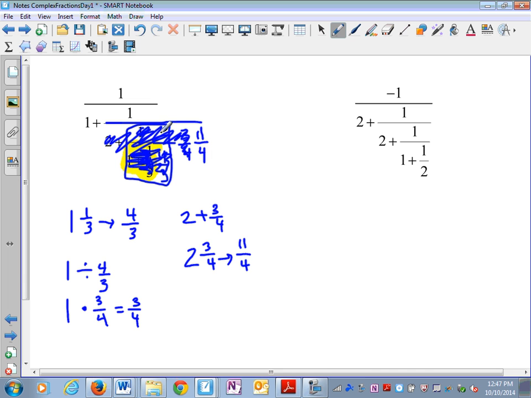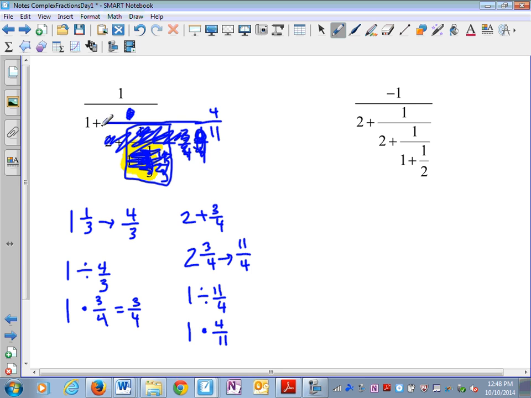There's nothing else on this level, so I'm going to look up. Now we've got 1 divided by 11/4. We're going to keep, change, and flip, and think about 1 times 4/11 is 4/11. So I'm going to replace all of this, I know it gets a little messy, with 4/11.